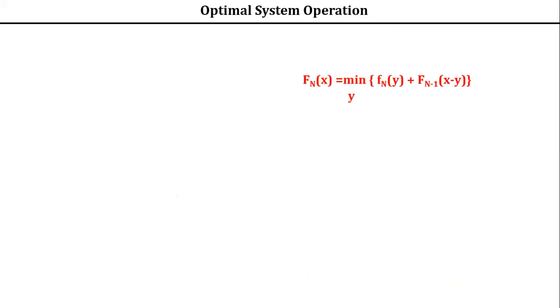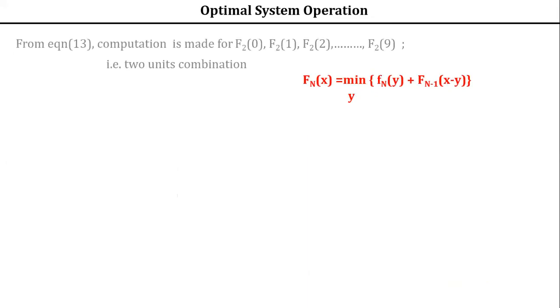Then using this recursive formula, we have done some combinations of calculations. Considering the total load, n is equal to 2, so two units are taking 9 megawatt of load, that means generating 9 megawatt.